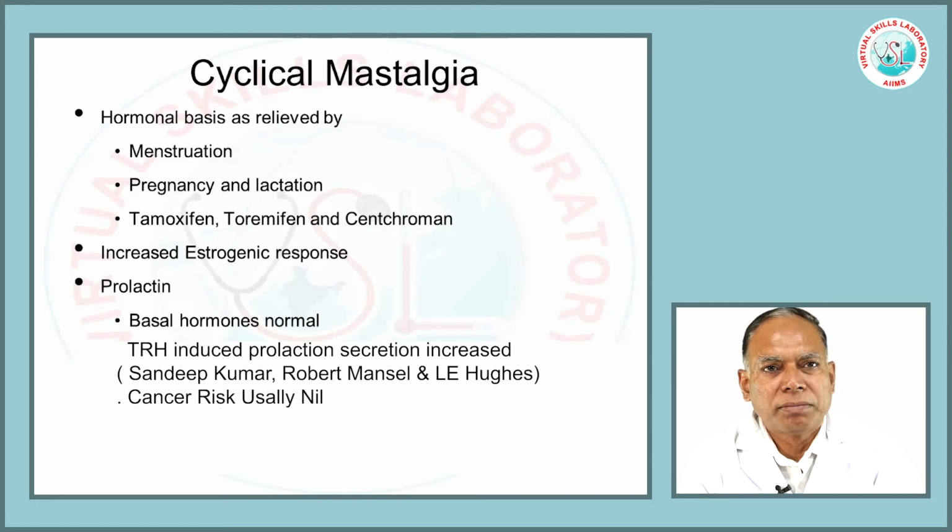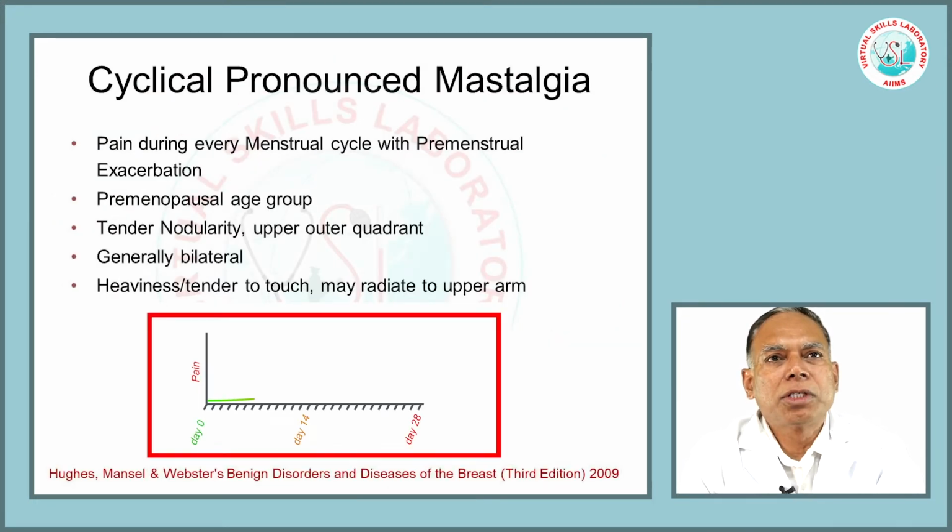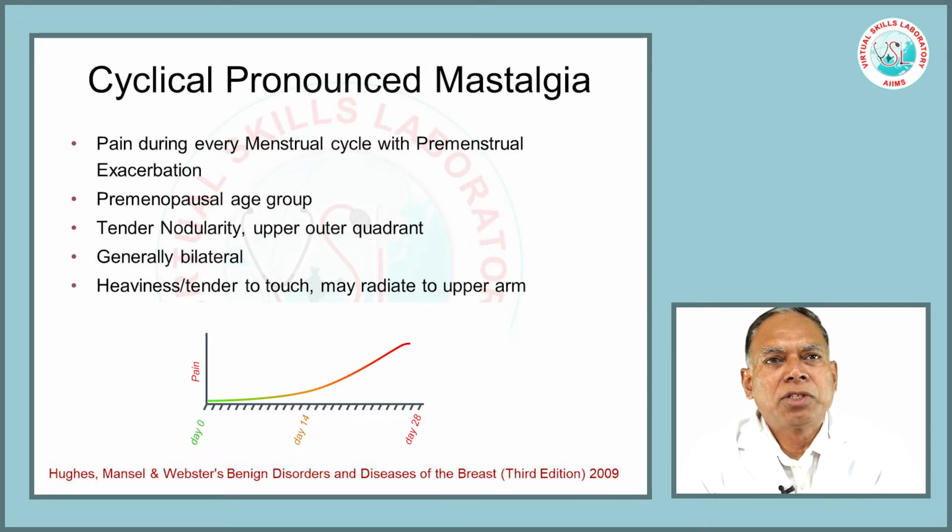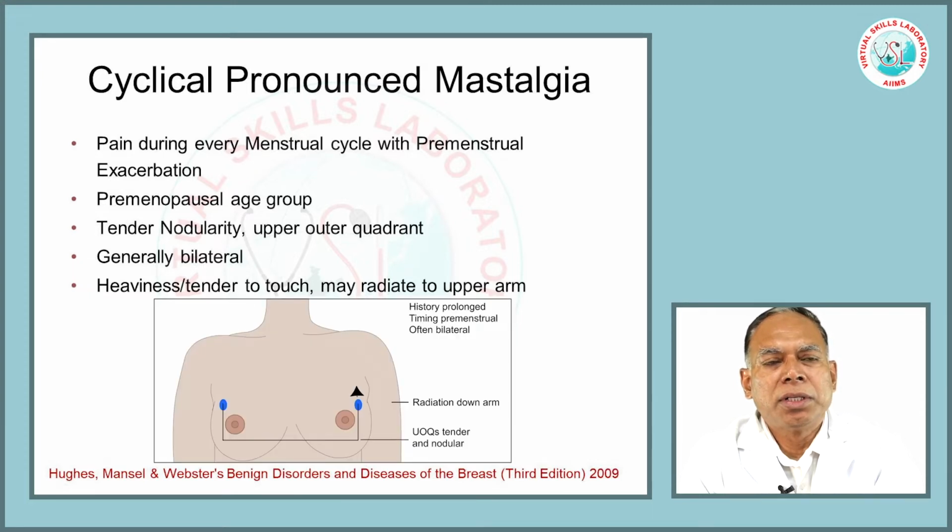Continuing with cyclical pronounced mastalgia, pain occurs during every menstrual cycle with premenstrual exacerbation. The majority of the ladies belong to the pre-menopausal age group, usually below 30 to 35.